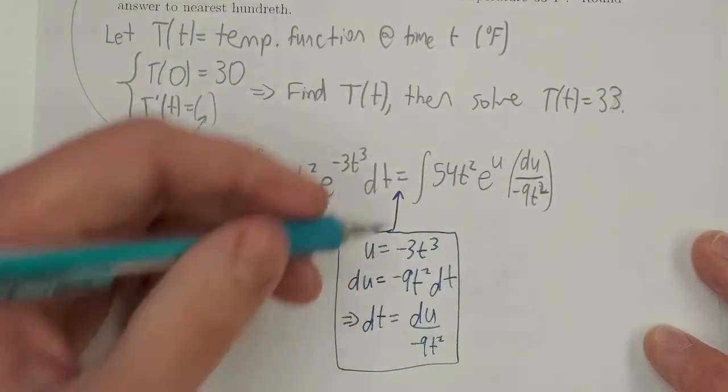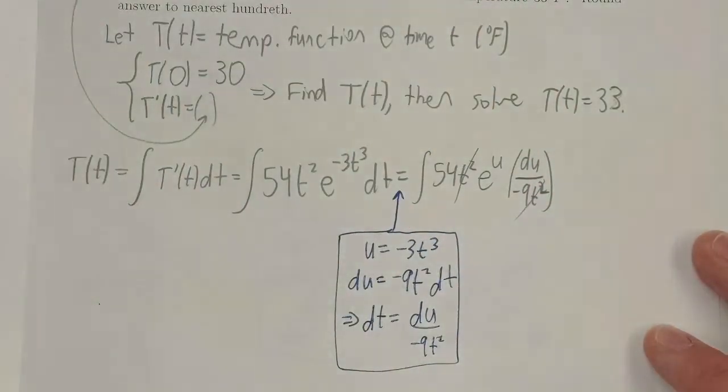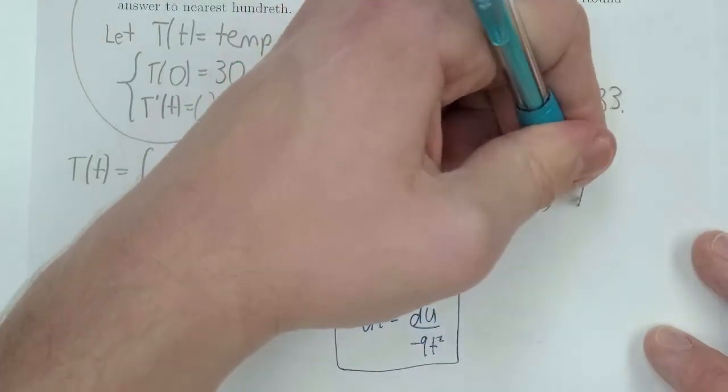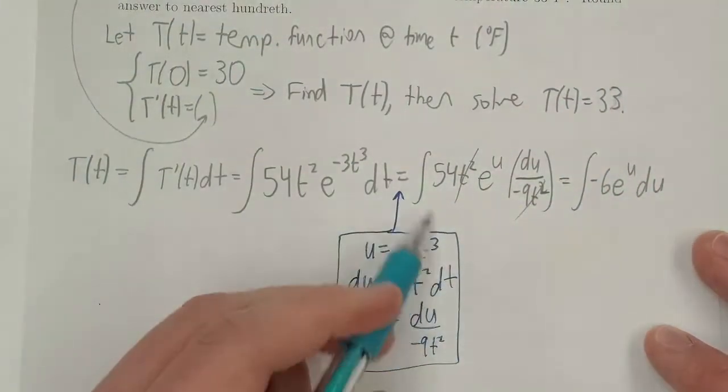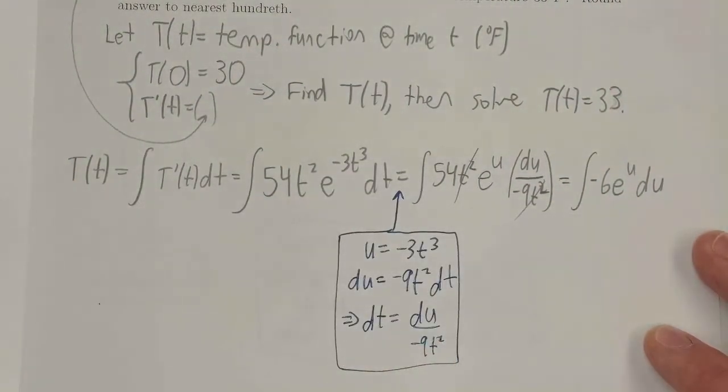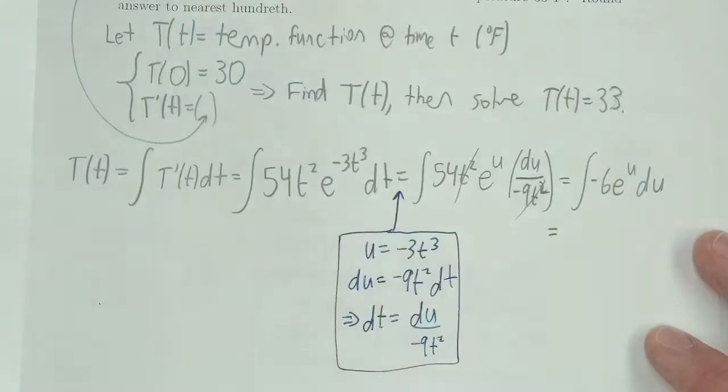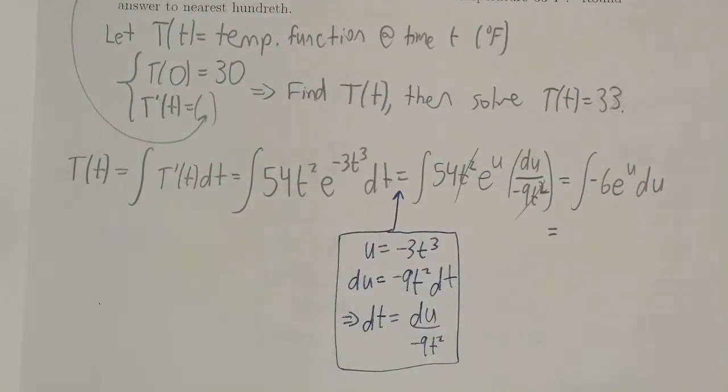Okay? So then these t squareds cancel out fairly nicely. And we're just now left with negative 6 e to the u du, because 54 over negative 9 is negative 6. So, as a result of this, the antiderivative of this should then be what, with respect to u?